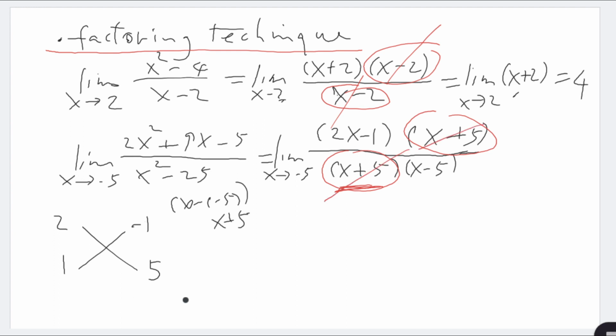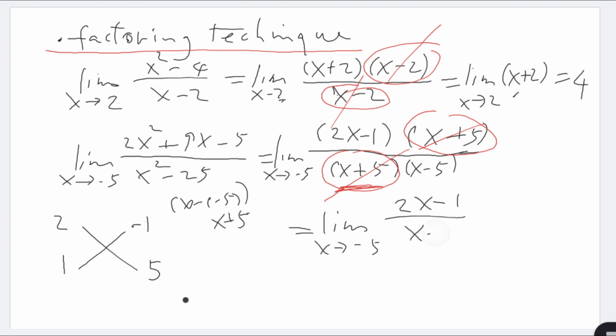Cross out. We'll use black. x versus -5. It's hard to write. Okay, so I cross out the trouble factor. The top becomes 2x minus 1.